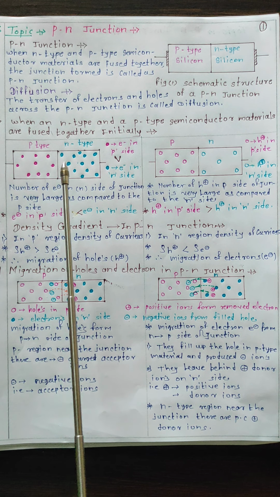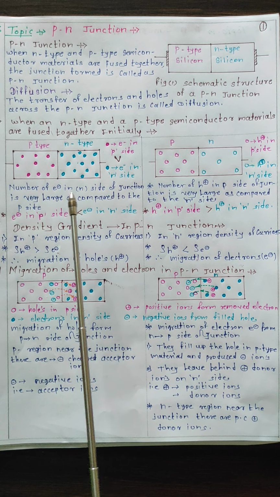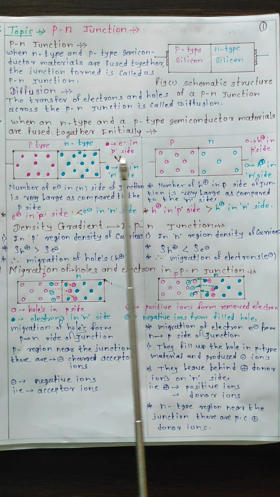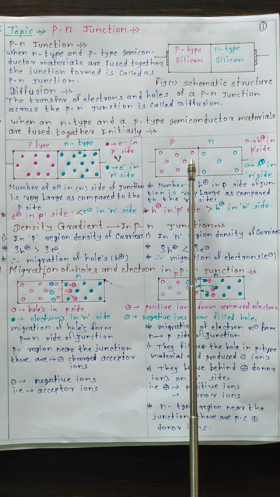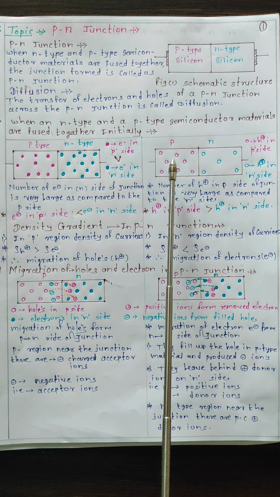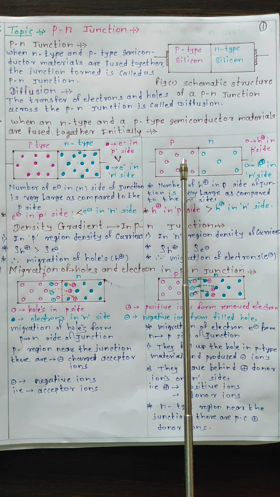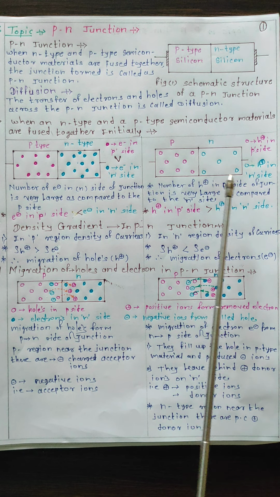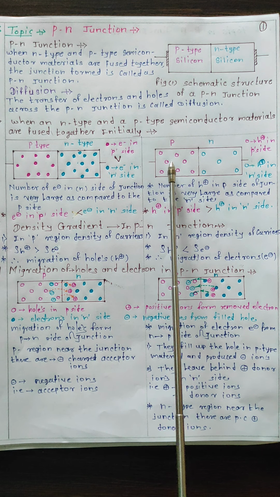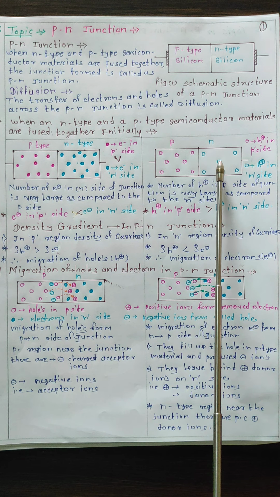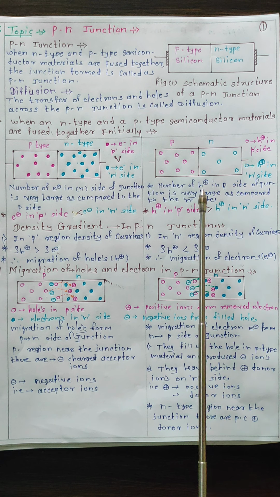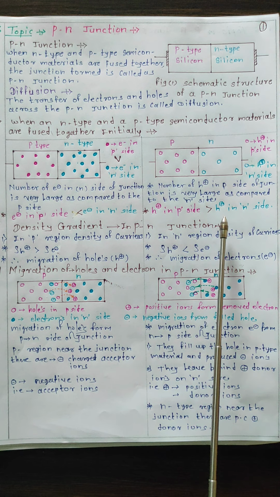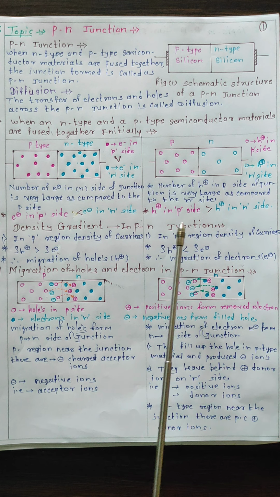So electrons in the N side are greater than electrons in the P side. And then holes: holes are also present in the P region and N region, and the number of holes in the P region is large as compared to the number of holes in the N region. That means the number of holes in the P side is greater than the number of holes in the N side.